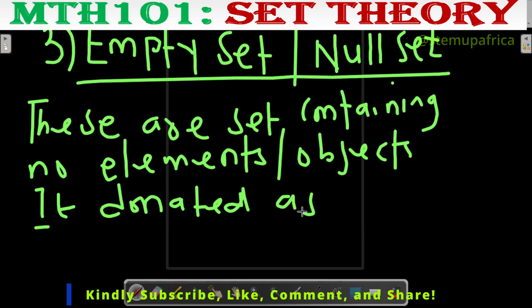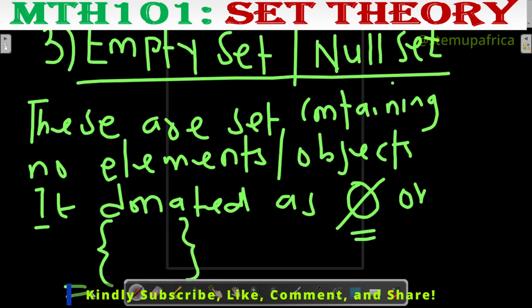This is the symbol for an empty set. Or you just see the set with no element inside, just like this. There's no element inside. That's how you denote an empty set. So anytime you see a symbol like this, either this or this, it represents an empty set.